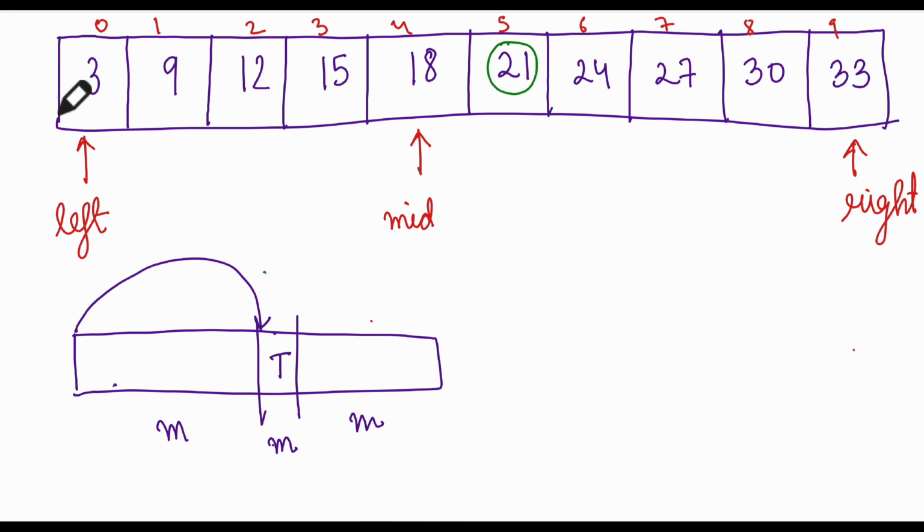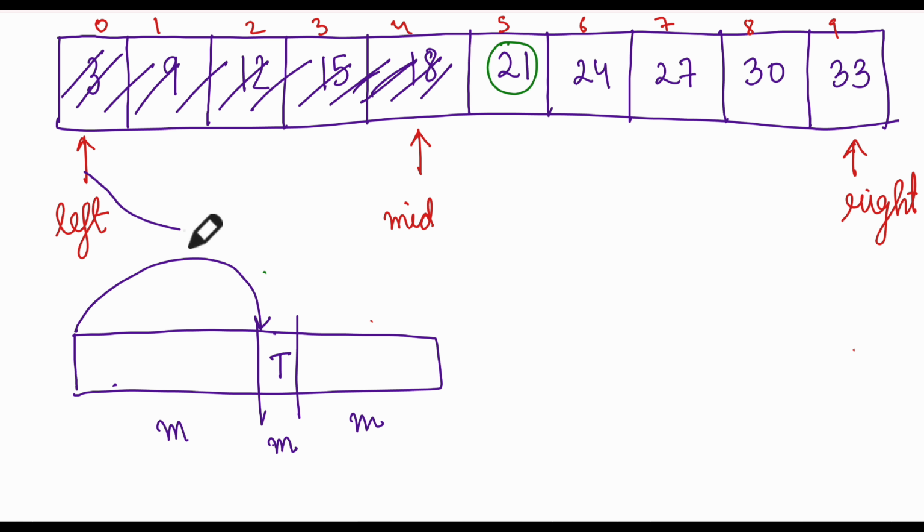So I know that till the midpoint this is of no use to me. So I'll not technically remove them, but I'll shift my focus from this part of the list. These are not important to me right now. So I'm going to move my left pointer to the right of the mid pointer. I'll move my left pointer here, and this will become my new left pointer.